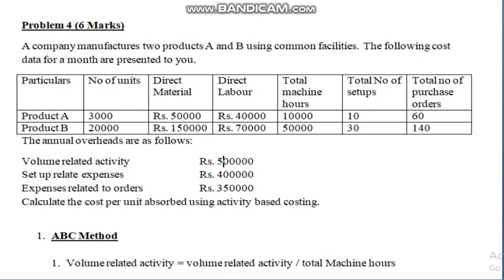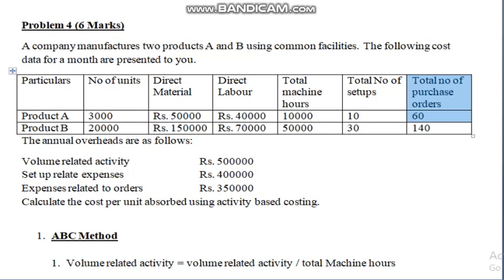The last one, expenses related to orders, nothing but ordering cost, is based on the total number of orders. So these are the activities and these are the cost drivers: volume related activity based on machine hours, setup related activity based on number of setups, and ordering cost based on number of orders.